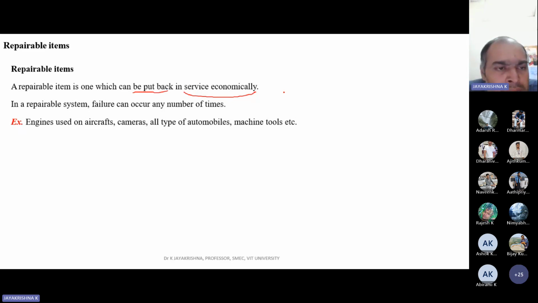So the items which can be repaired in an economical way, and after repairing are able to function for their defined functionality, are called repairable items. And in repairable items, failure can occur any number of times. So this is very important for you to understand. You should understand this wording as well. In a repairable system, the failure can occur any number of times. Okay, I will tell you why this line is very important in the coming slides.